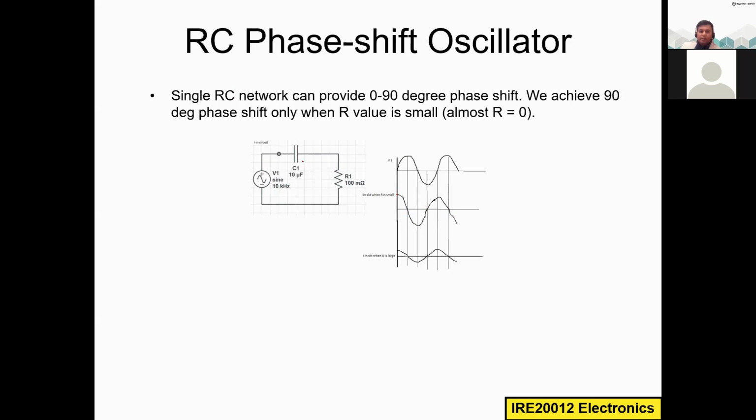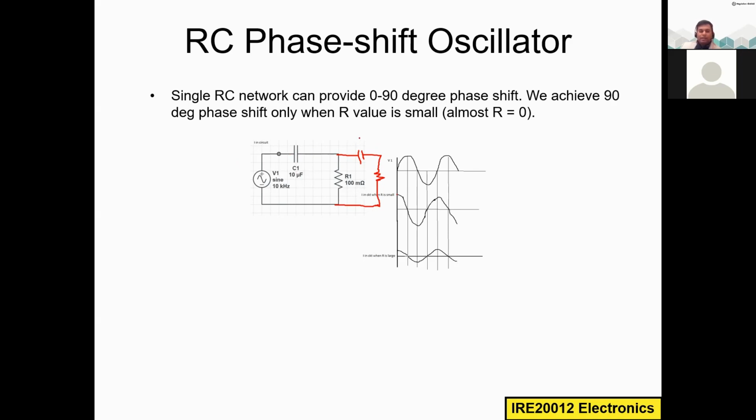So it means a single RC network, using only one capacitor and one resistor, can give a 90 degree phase shift. So what should I do? I can put one more capacitor and one more resistor, then it can provide 90 plus 90, 180 degree phase shift, right?